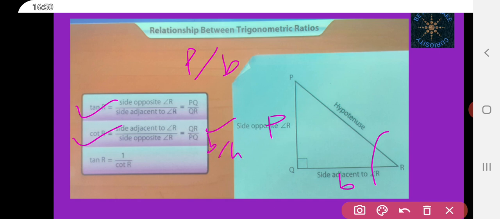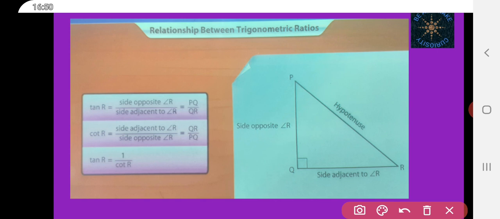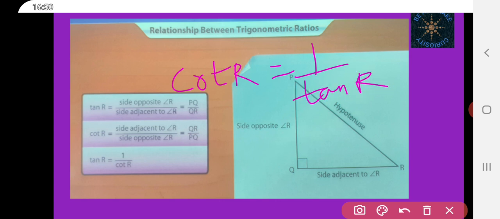Now you see p by b is the reciprocal of b by p. So tan r is the reciprocal of cot r and cot r is the reciprocal of tan r. So you can write tan r is equal to 1 by cot r. Also you can write cot r is equal to 1 by tan r. So they are reciprocal. Understood? Okay, next.